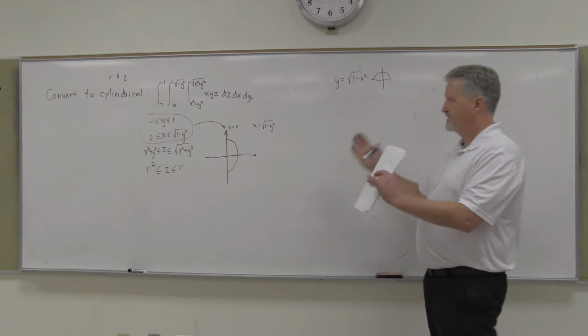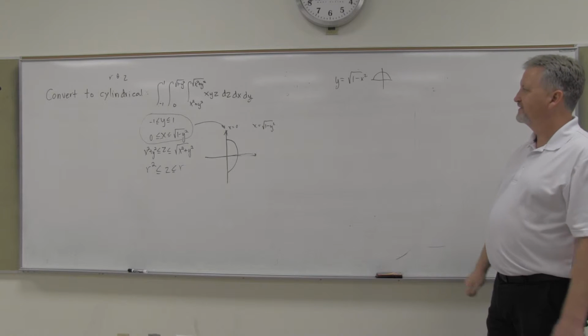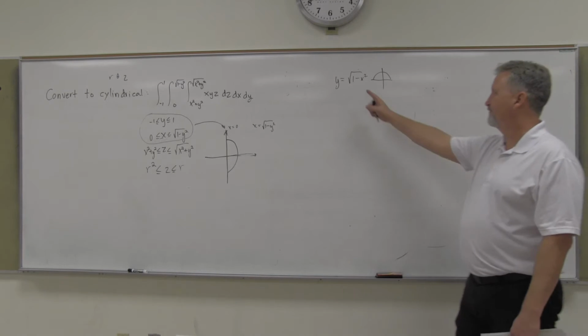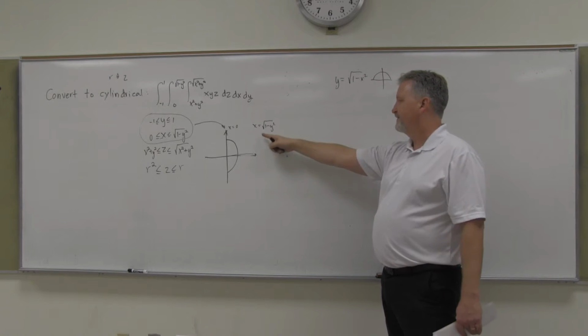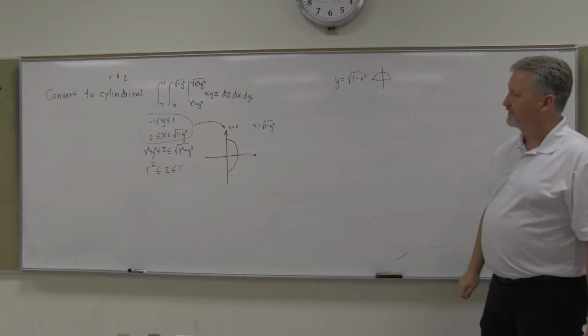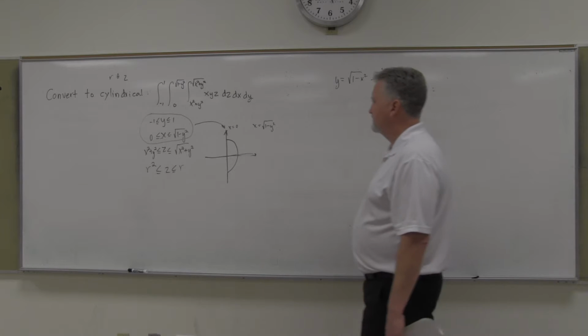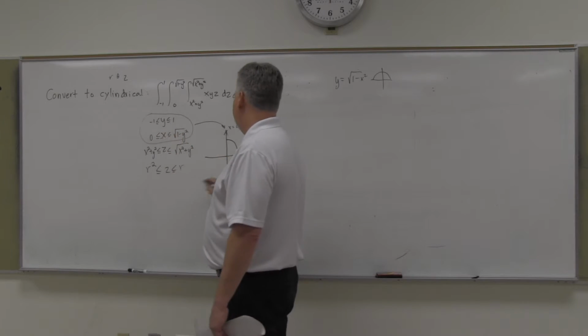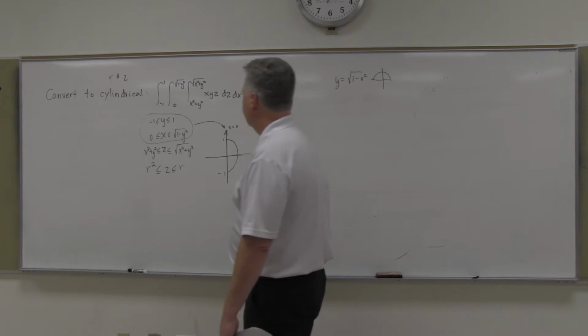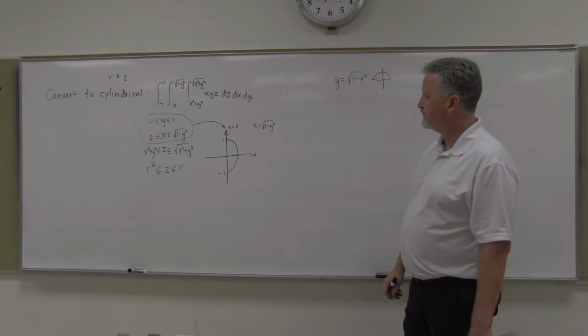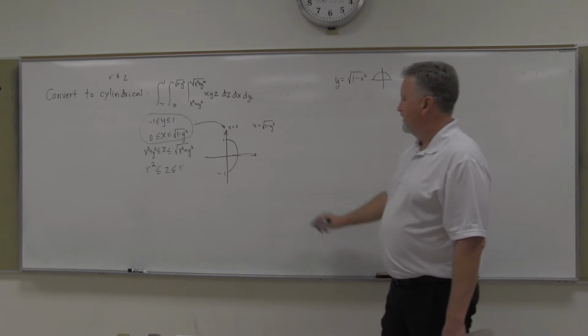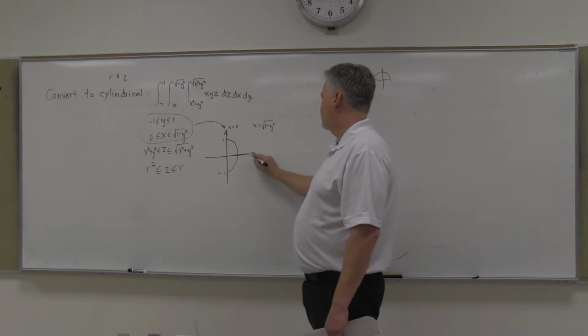So it depends on which variable you have solved for. If you solved for y, then it's the top half. If it's solved for x, it's the right half. All right, so that's what it looks like, and of course the y's are no surprise there. We're going from -1 to +1 for the y's.